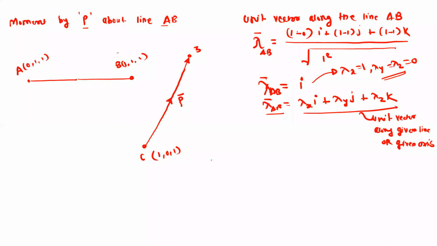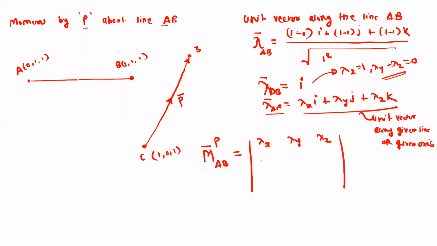Okay, so the moment by the force P bar about the line AB is equal to the determinant with the components of the unit vector, lambda x, lambda y and lambda z, in the first row. Then in the second row, we will have the position vector joining the line AB and the force vector P bar.